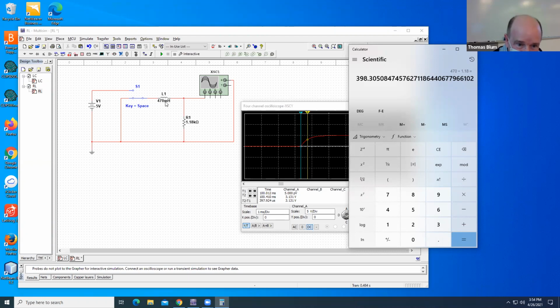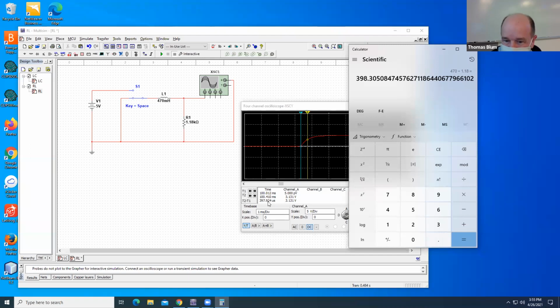So I have 10 to the minus 3 divided by 10 to the 3, which is 10 to the minus 6. I'm dividing something small by something big, so I'm getting something very small. And so millihenries divided by kiloohms is going to give me microseconds. And there's the unit there, microsecond. So that works out well.